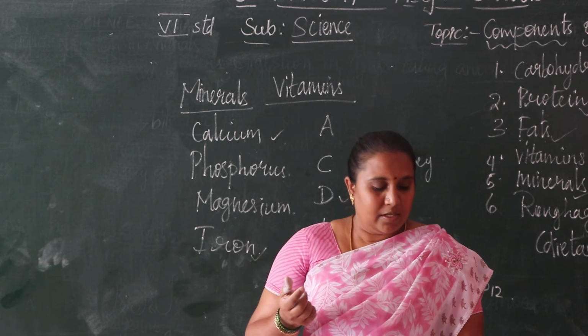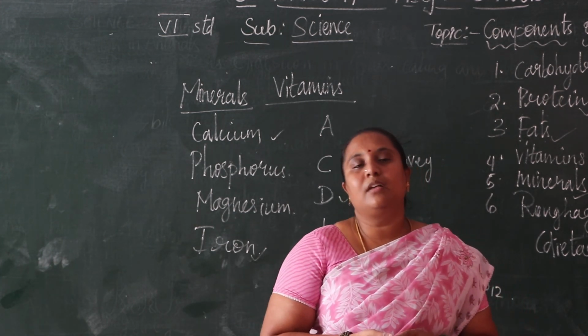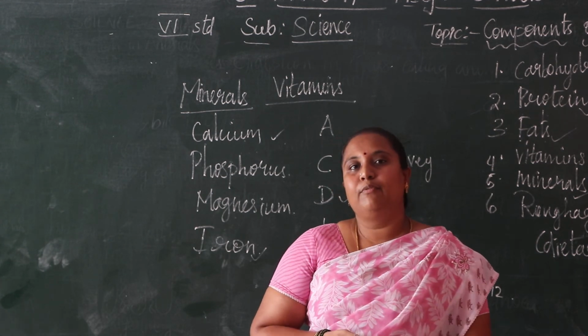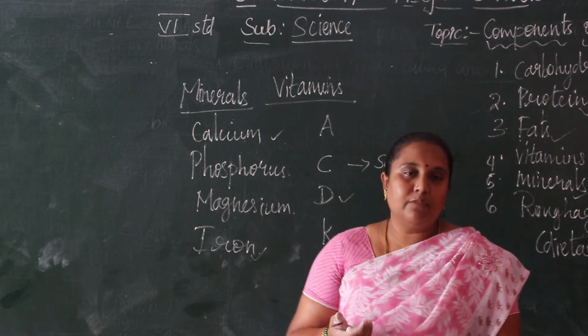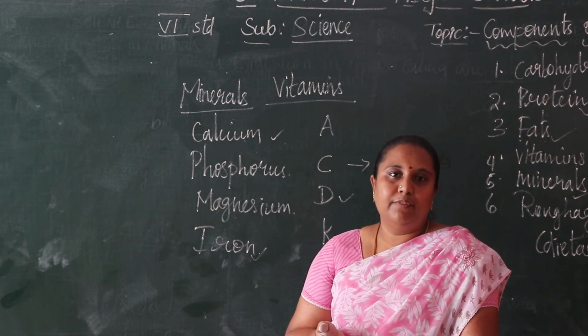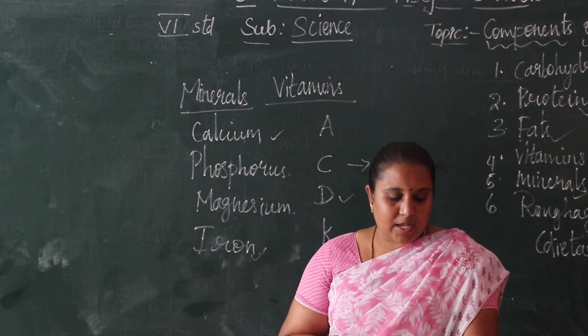So here let us see vitamin A. The deficiency of vitamin A is loss of vision, the deficiency of vitamin B1 causes beriberi, vitamin C scurvy, and vitamin D rickets. So these are the diseases we are getting.